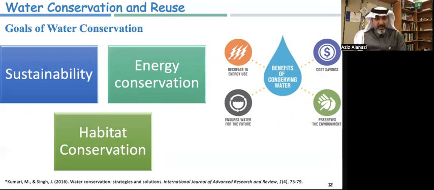In some regions, like the US and California, 15% of total electricity consumption is devoted to water management systems. Habitat conservation: minimizing human water use helps to preserve freshwater habitats for local wildlife.